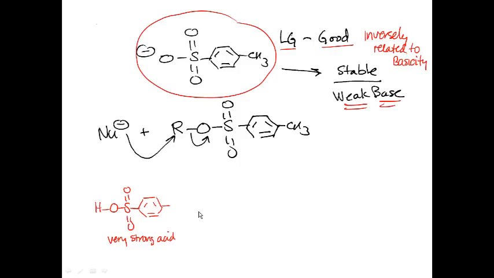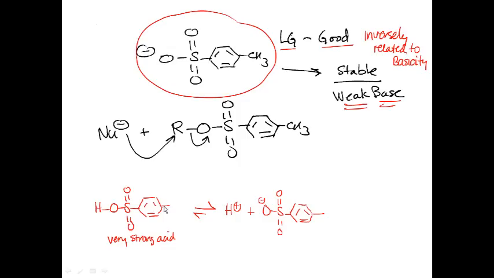So let's write that equilibrium out. I would get H+, and then I would get the conjugate base, which in this case is the tosylate part. Why is this a weak base? Because this is a very strong acid.